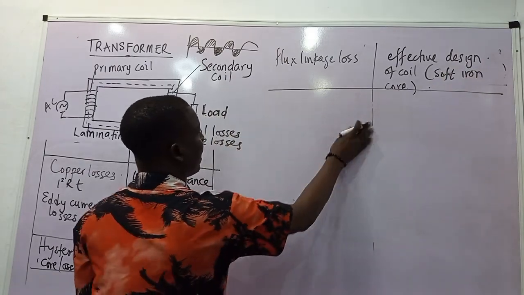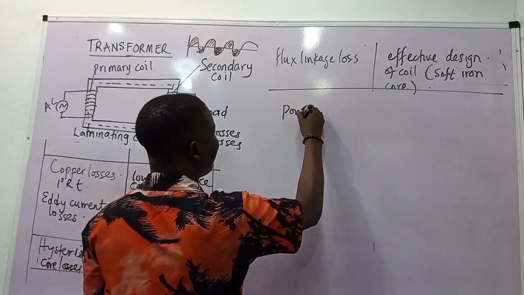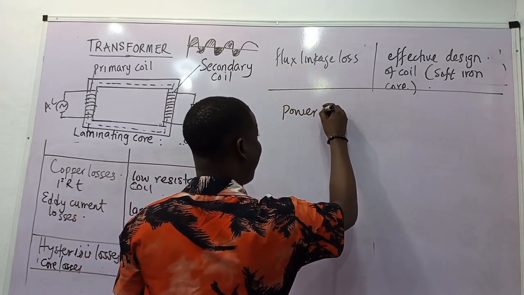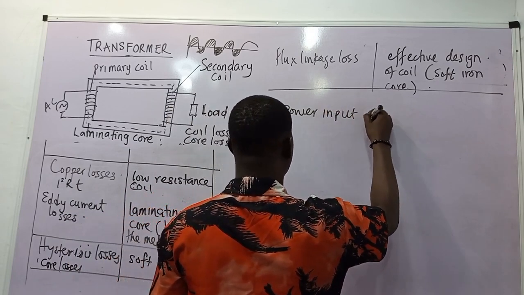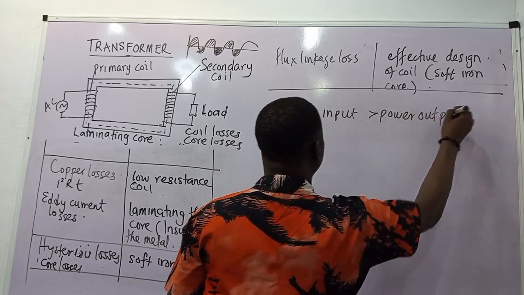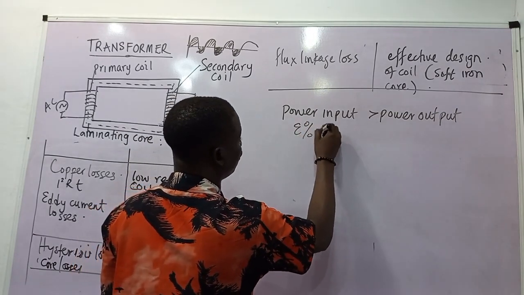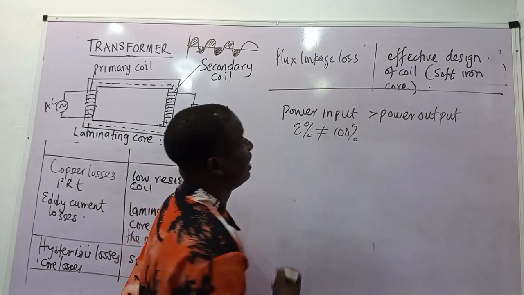So now let's talk about it: since losses are involved, it means that the power input at the primary is greater than the power output. It means that there are losses in this transformer, and efficiency is no longer 100%.